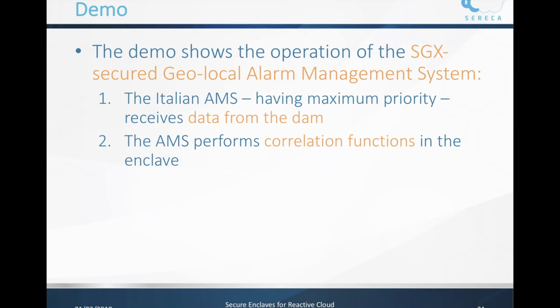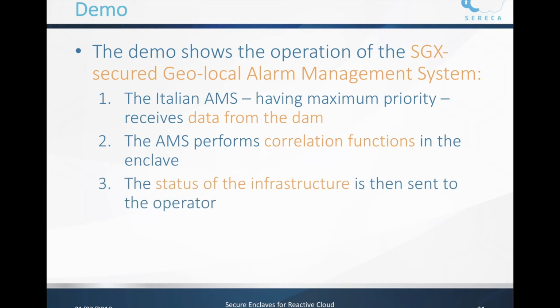The MS performs these correlation functions within the SGX enclave, thanks to the SGX JNI bridge that I showed you before in the description of the architecture. So the status of the infrastructure is then securely sent to the final operator through the web proxy microservice.